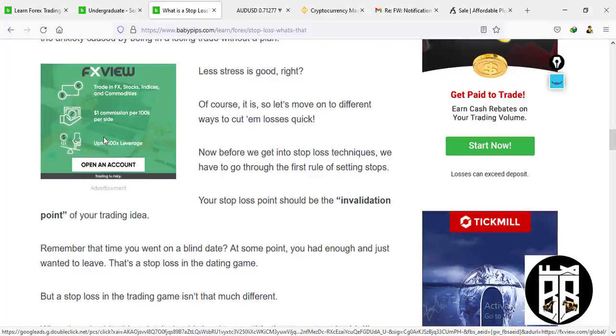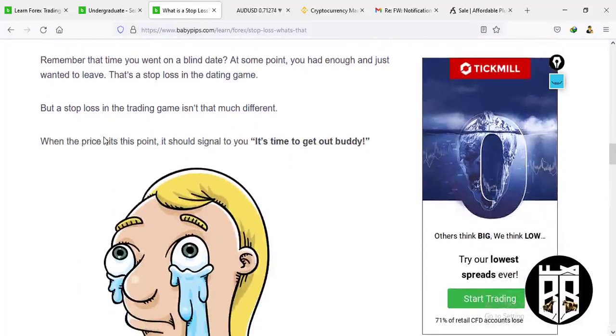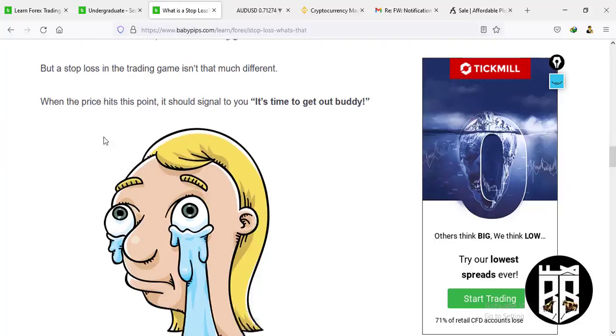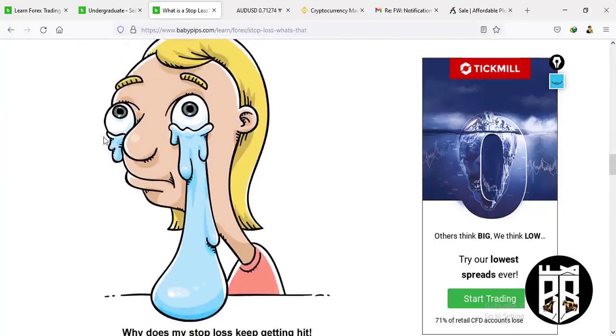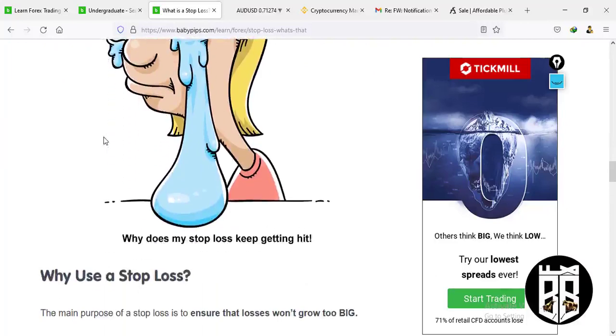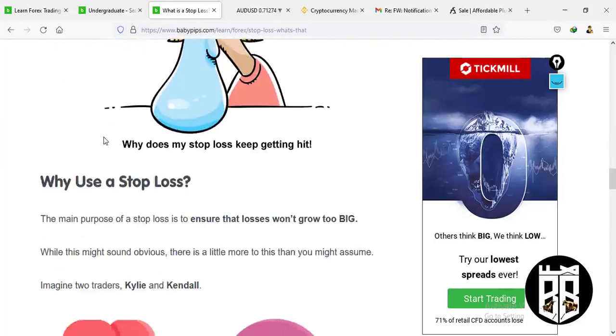That's a stop loss in your dating game. In trading, it's very similar. When the trade goes in the opposite direction you intended, just know, buddy, it's time to get out. So what do you have to do? Just suck it up, take it as a loss, and move on. Be a big boy, grow some courage, and move on.